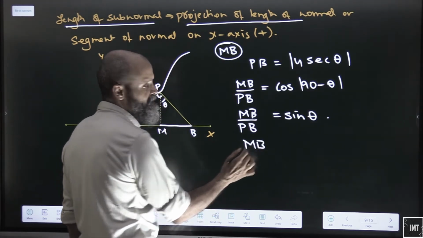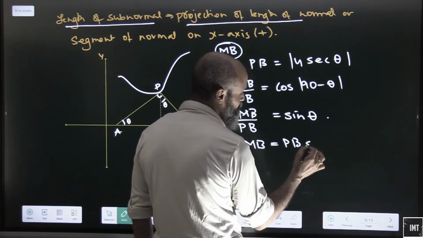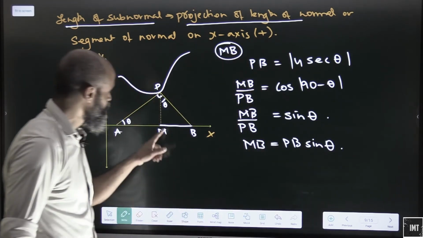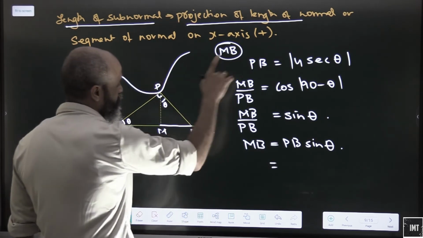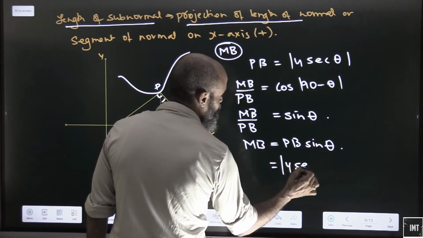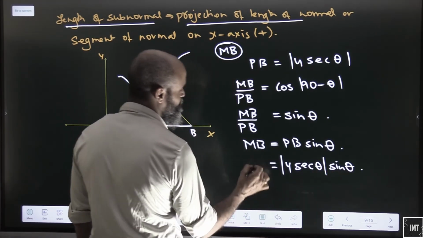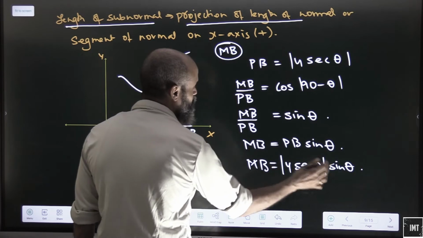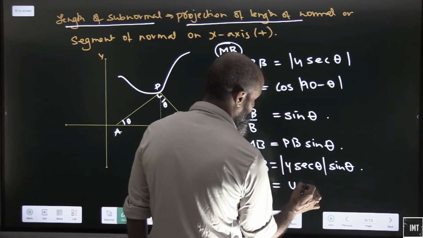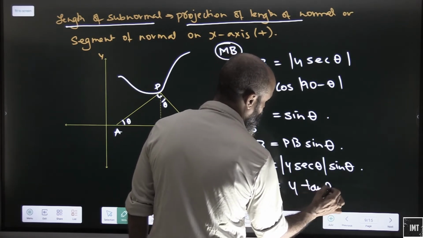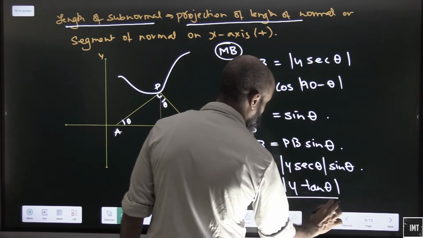I'm sure you must have done this in physics a lot. So MB will be equal to PB sin theta. Now PB is y sec theta, so MB is equal to y sec theta times sin theta. If I take this inside, this will be y tan theta. So the projection will be y tan theta.